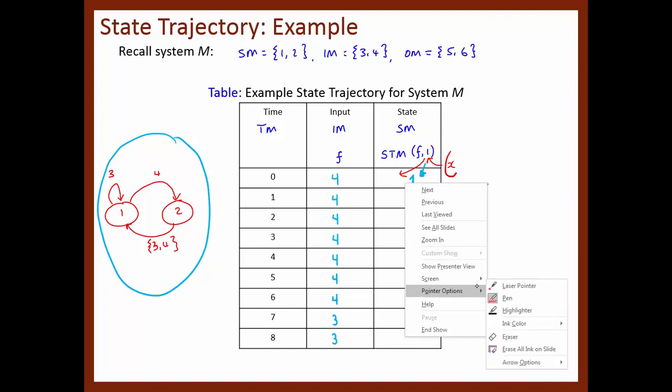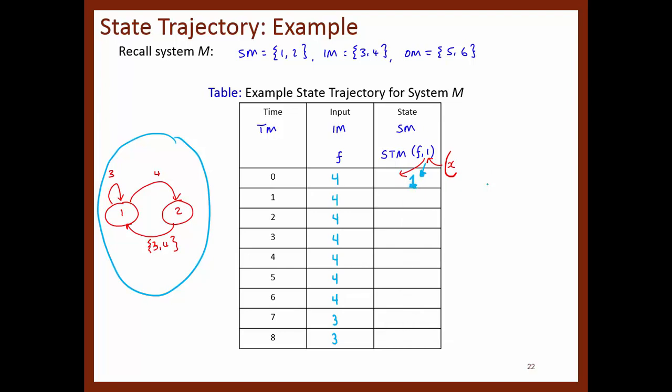From there, we're going to start completing this table. If you're in state 1 and you receive an input of type 4, what's going to happen to your system? You're going to move to state 2, right? If you're in state 2 and you receive an input of type 4, what's going to happen?